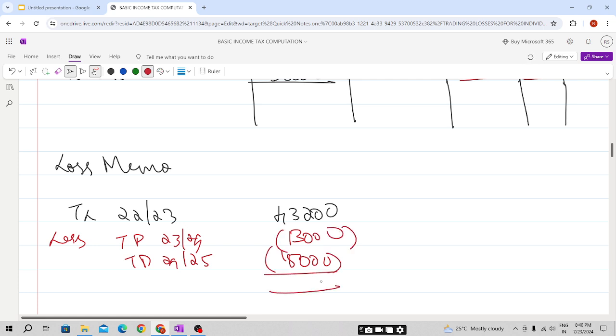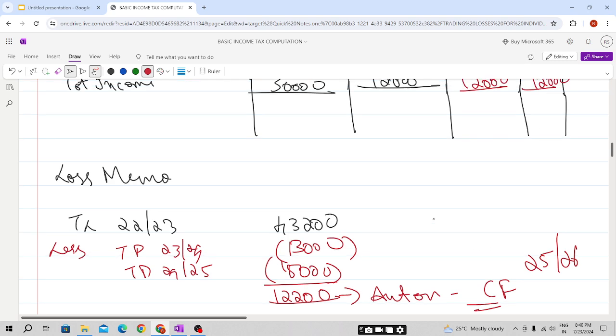So the remaining loss which will be carried forward will be 43,200 minus 13,000 minus 18,000. So 12,200 will automatically be carried forward to the next year, that is the 25-26 tax year. I hope this is clear.